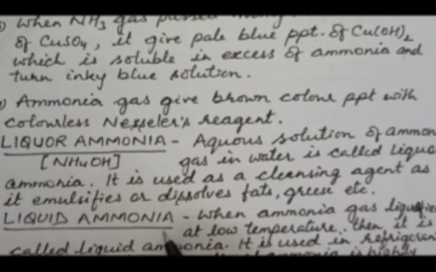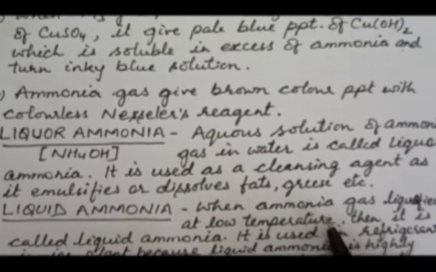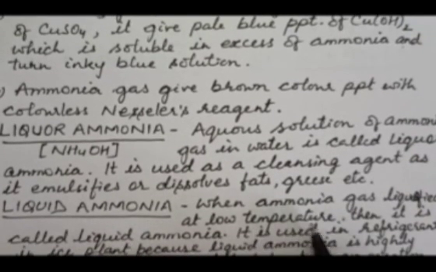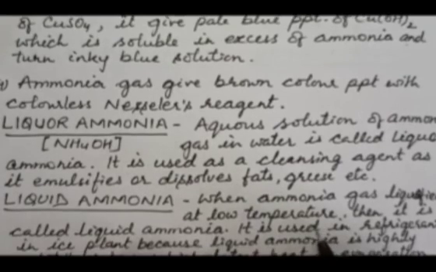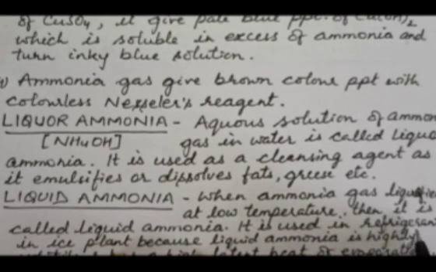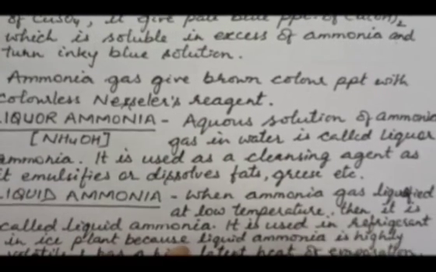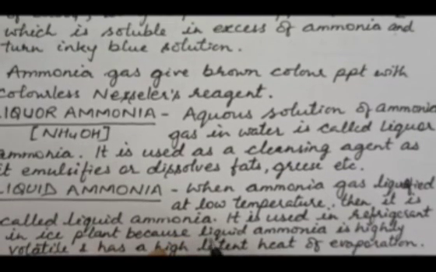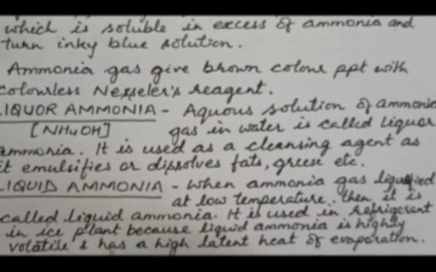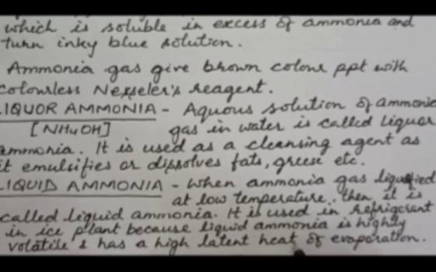Next is liquid ammonia. When ammonia gas is liquefied at low temperature, it is called liquid ammonia, and it is used as a refrigerant in ice plants because liquid ammonia is highly volatile and has a high latent heat of evaporation.